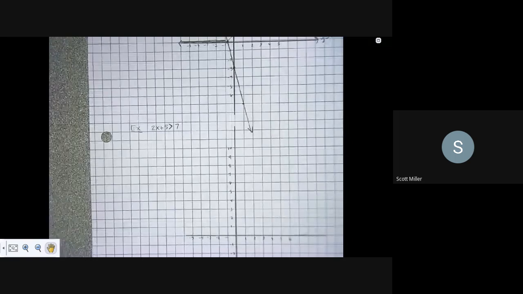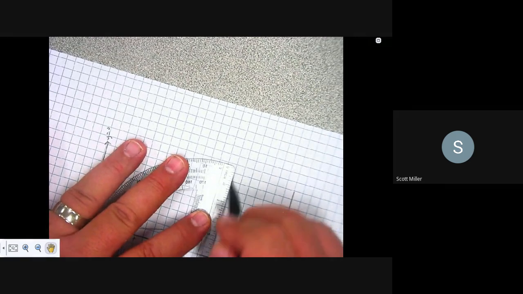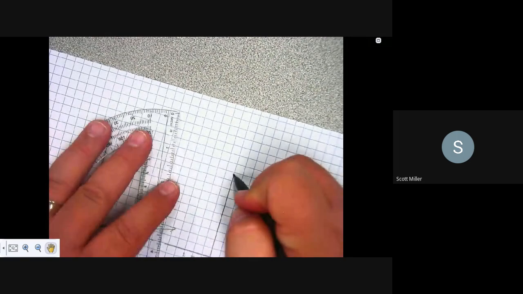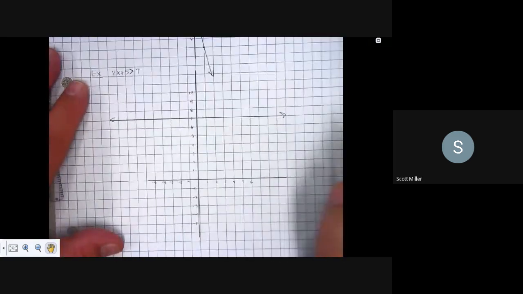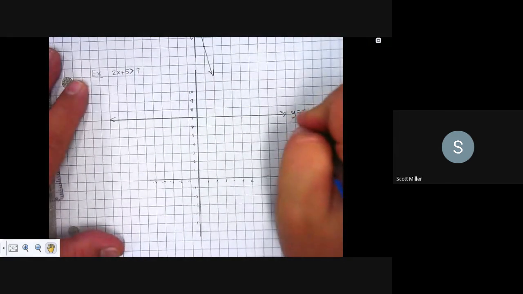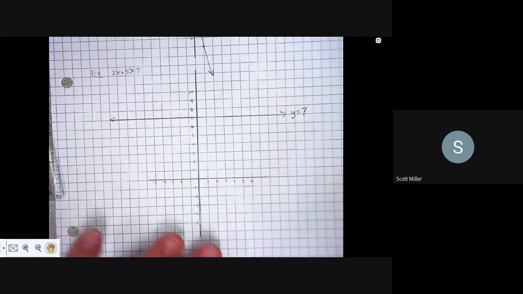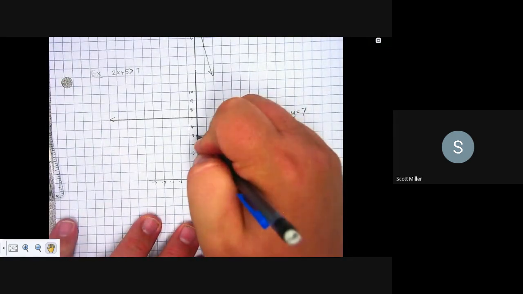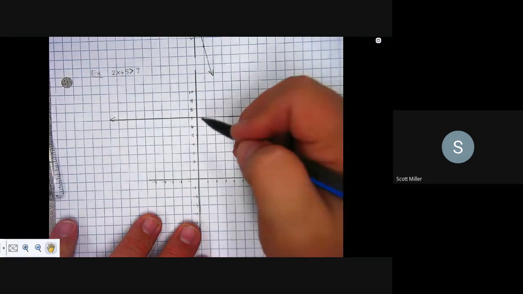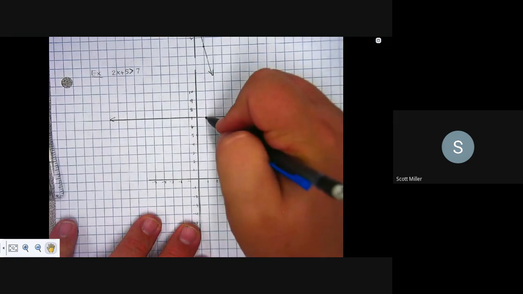So I have the graph prepared right here. Let's start off with the horizontal y equals 7. So here is the y equals 7. And the other one we had a dot at 0, 5. And then we had one at 1 and 7.